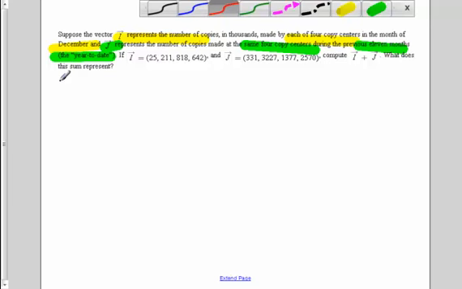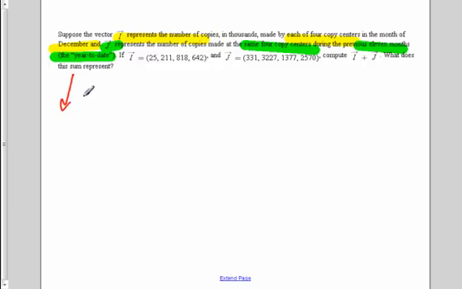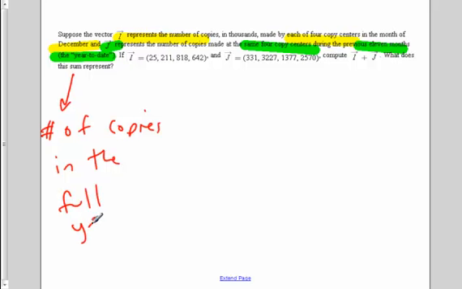So what does the sum represent? The sum represents the number of copies in the full year. And what is the sum actually? What is the sum to compute it?